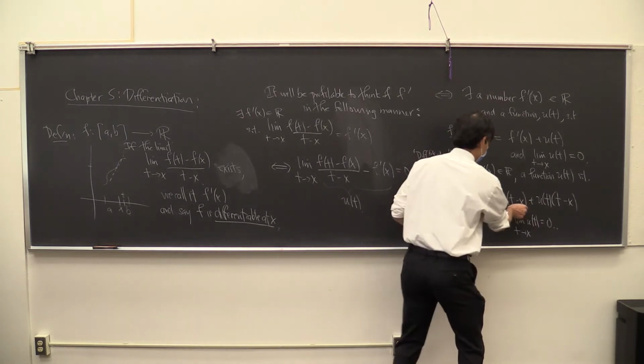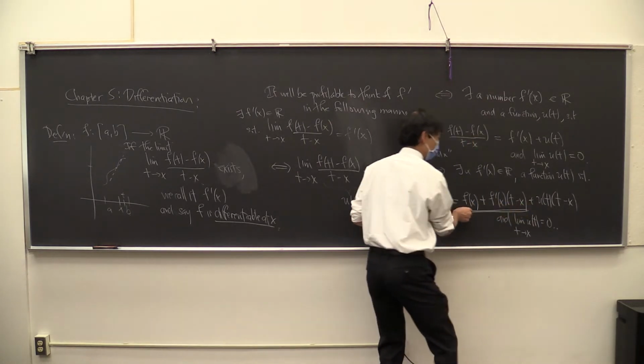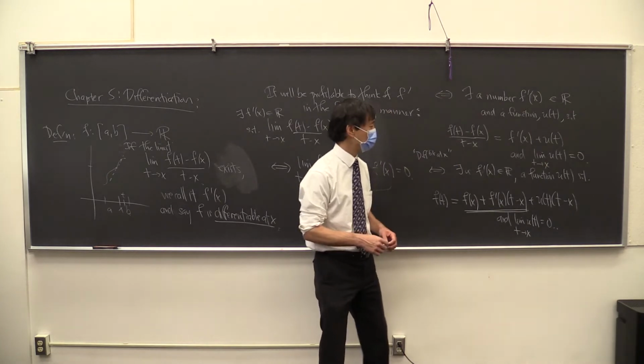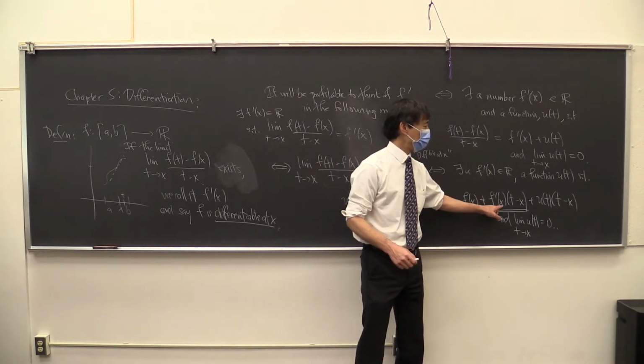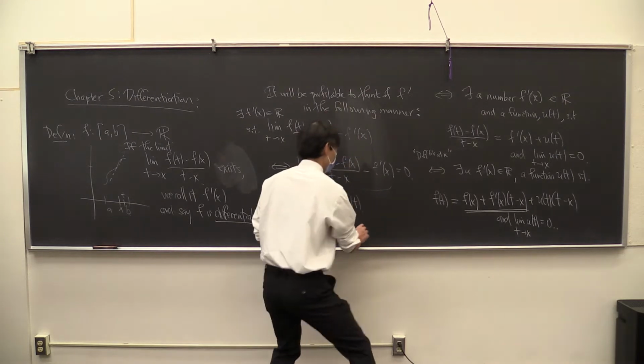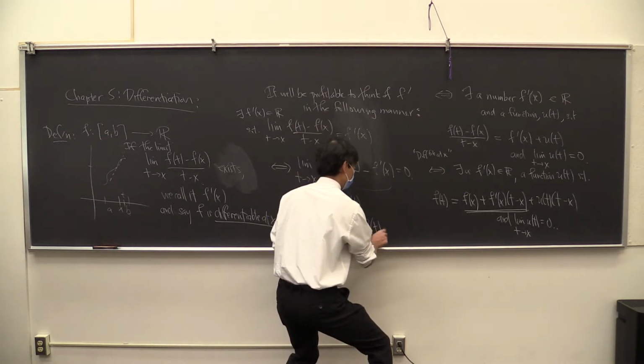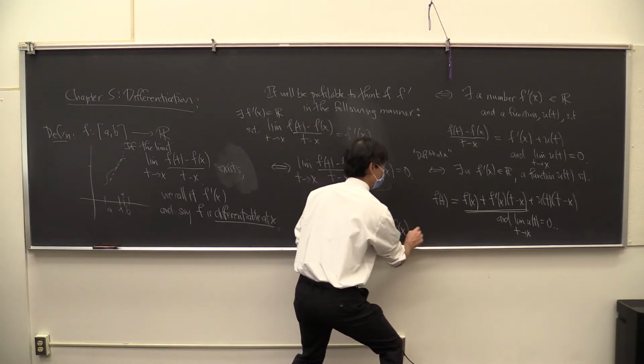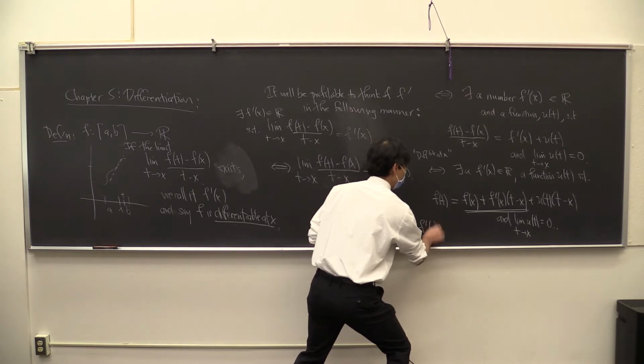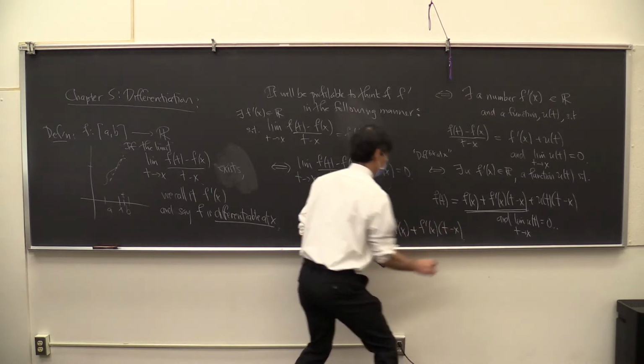But let's look at this thing. What is this thing here? As a function, if I write this thing as L of t, L of t is f of x plus f prime x times t minus x.